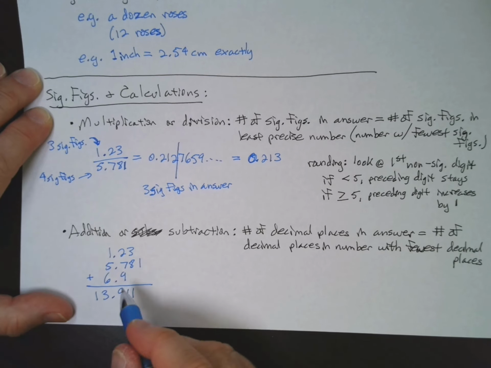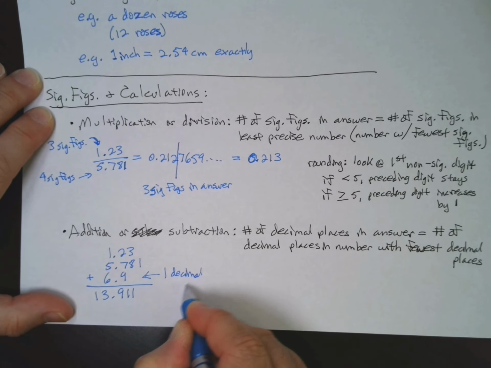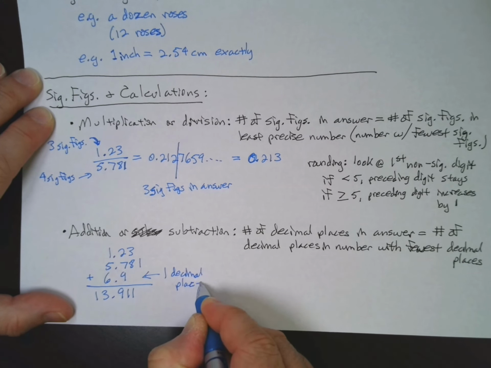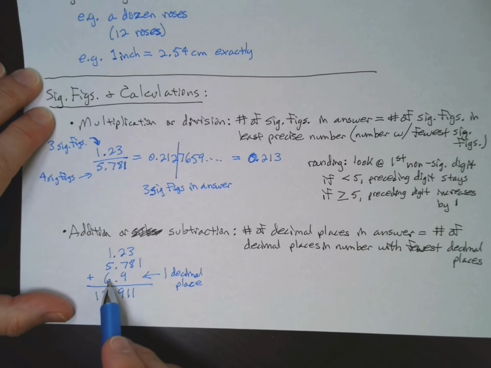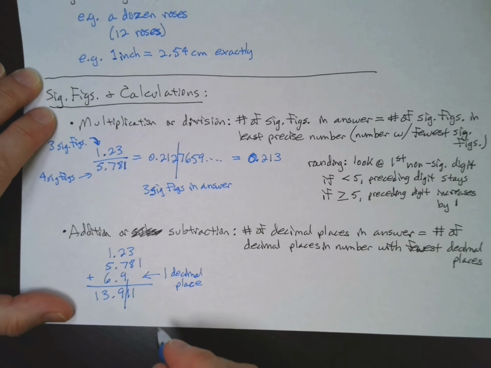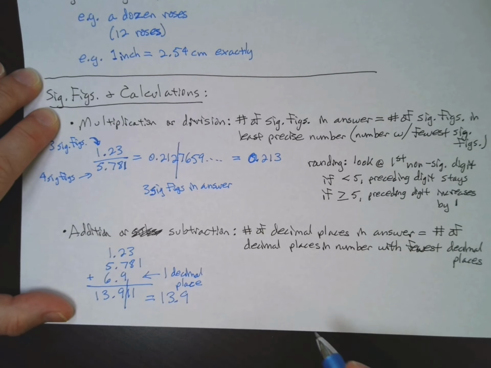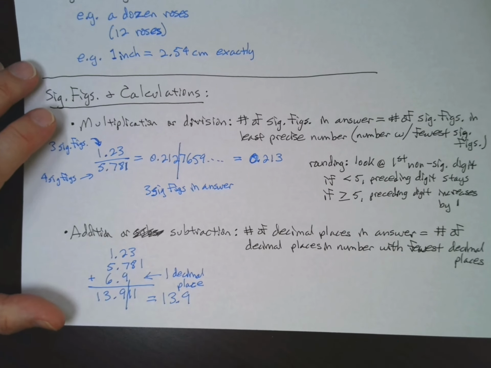But my fewest decimal places is from 6.9, so I want to cut my number off here, so I should have 1 decimal place. So my answer is going to be 13.9.